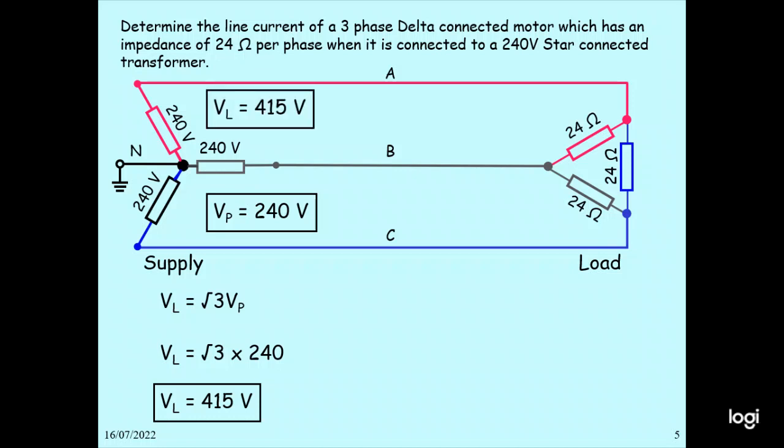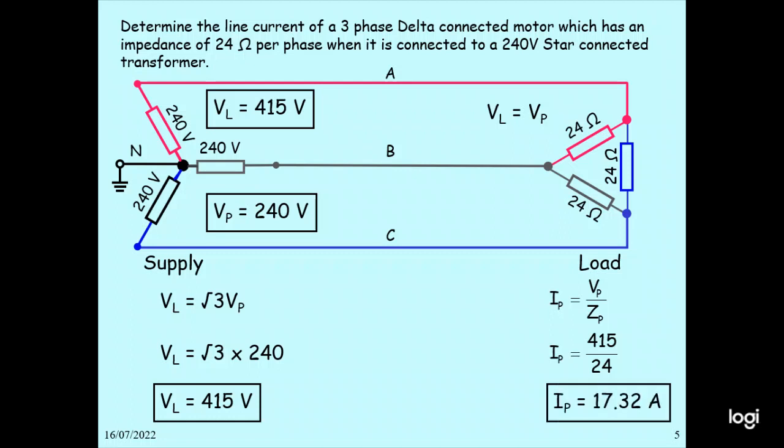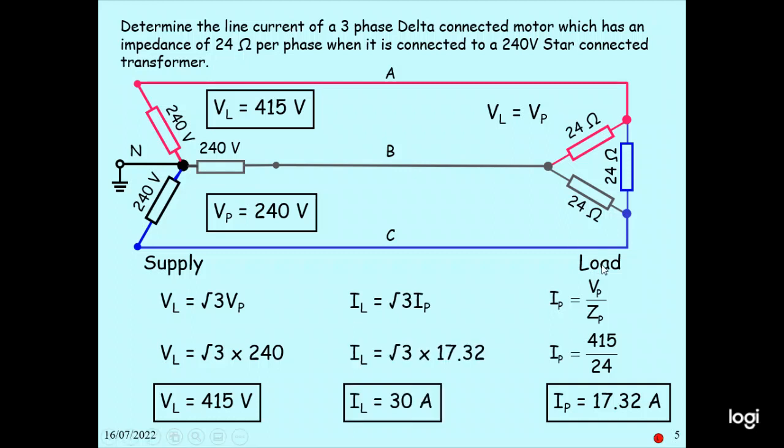So V line equals 415 volt, V phase equals 240 volt. In this case, V line equals V phase for the delta connection. So I phase equals V phase by Z phase, so 415 by 24, you get 17.3 ampere. So I line equals root 3 times I phase, so root 3 multiplied by 17.3, you get 30 ampere. So this is the way we calculate it.